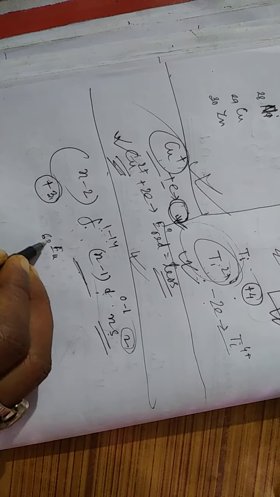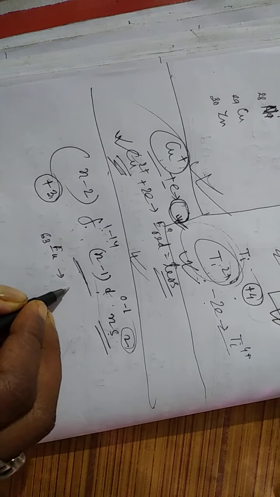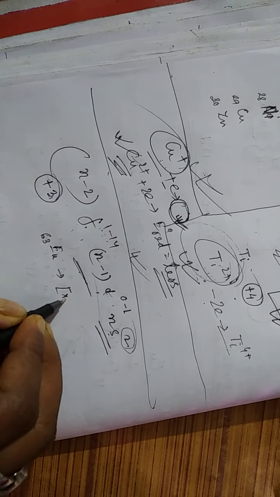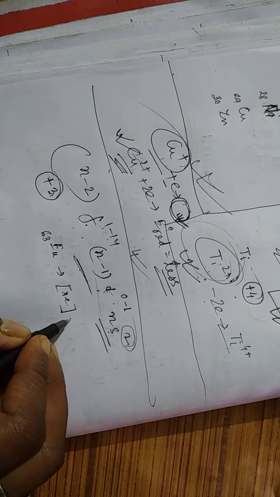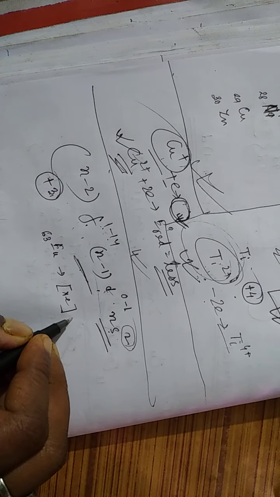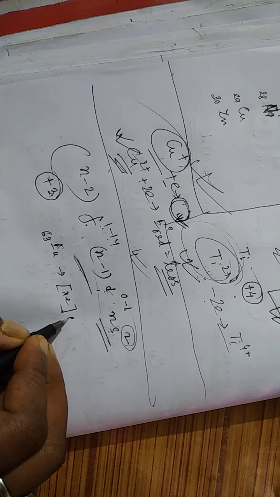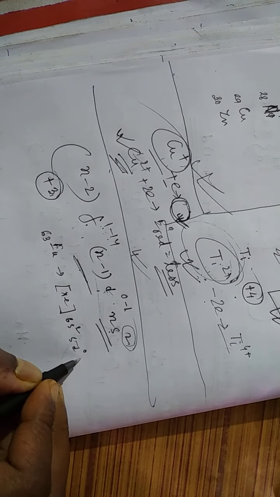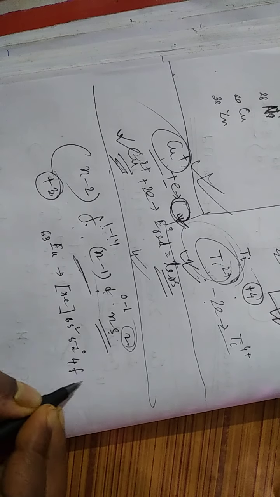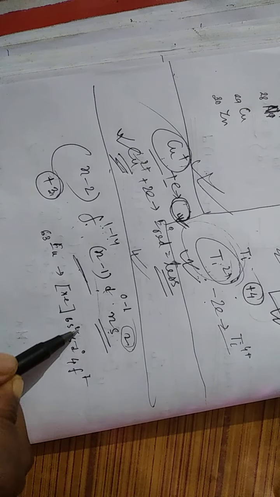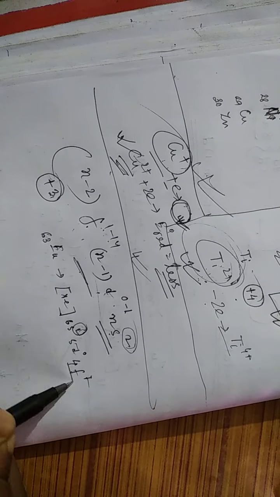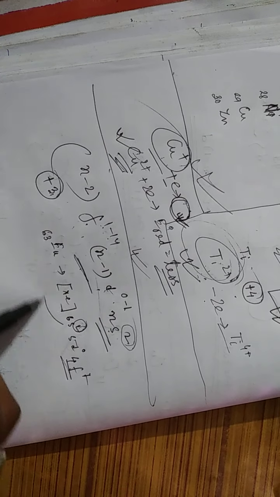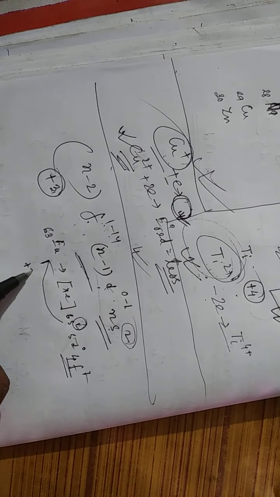Europium's atomic number is 63, and if you see the electronic configuration, it is xenon 6s2, 5d0, 4f7. As it loses 2 electrons, it gains half-fill stability, therefore its oxidation state will be +2.